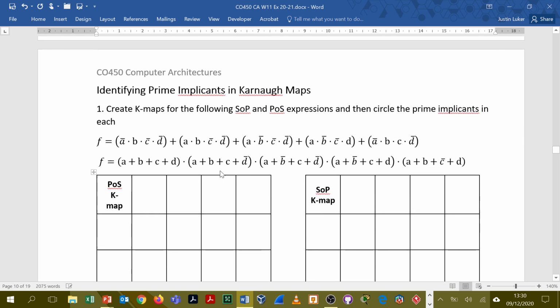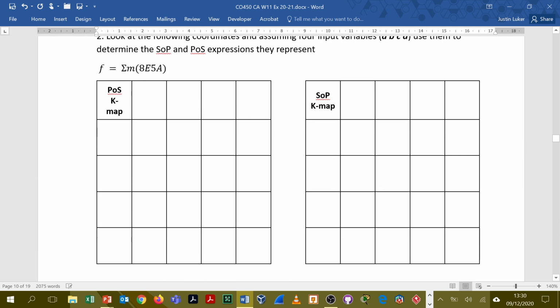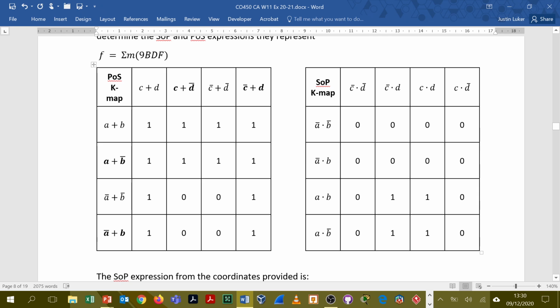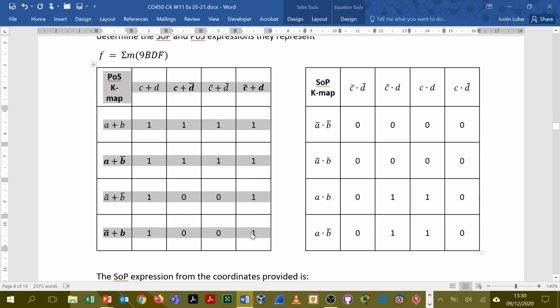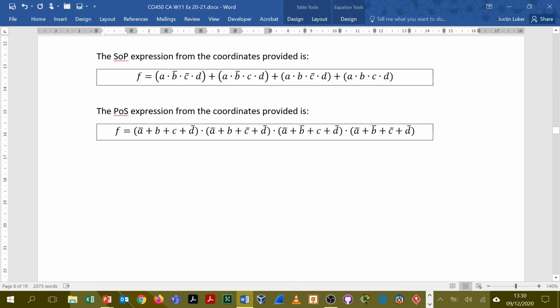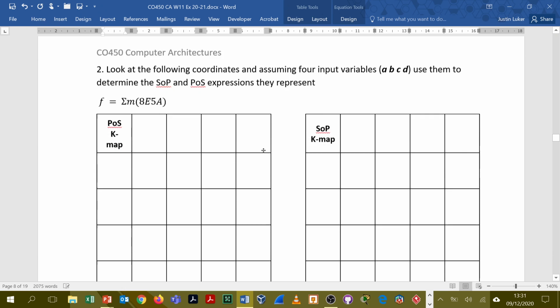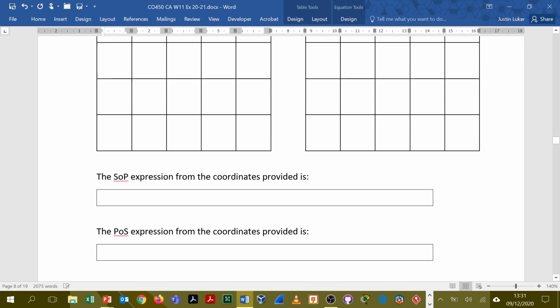But just for speed, I'm going to copy and paste mine down, because otherwise we're going to be here all day. So let's come down and put those on.